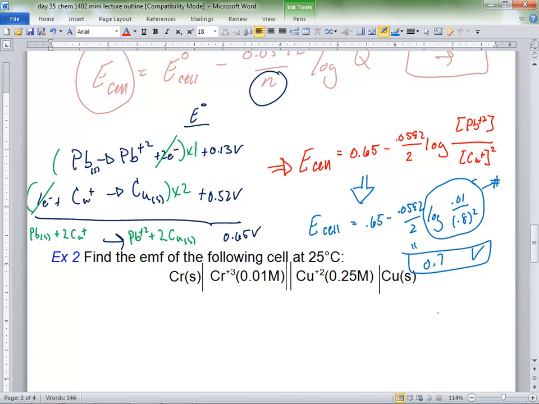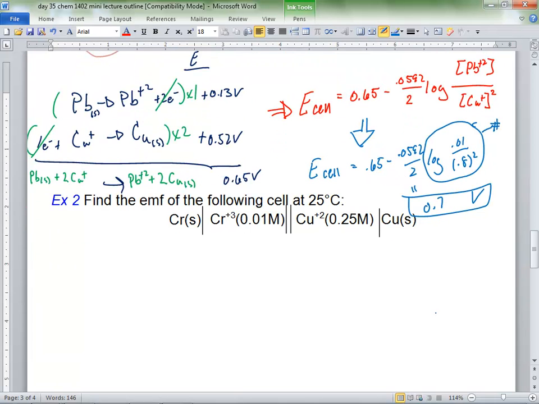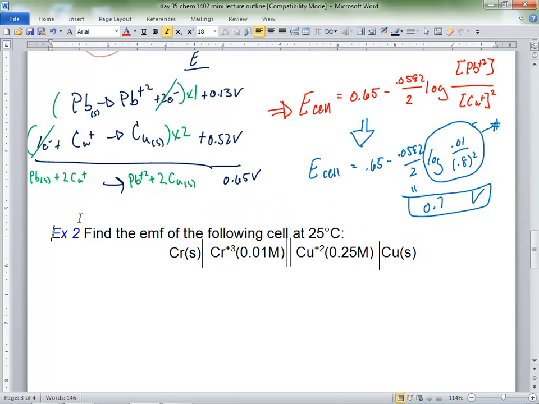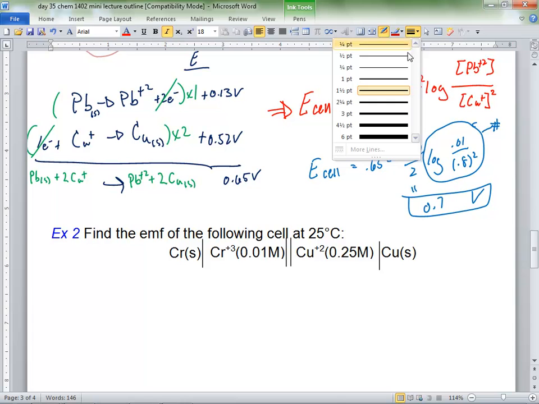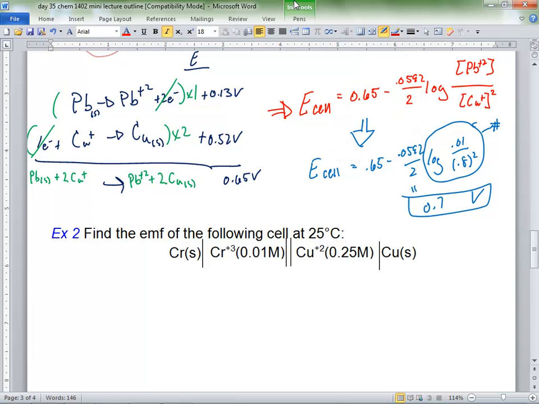See if you can set this one up. Find the EMF of the following cell.